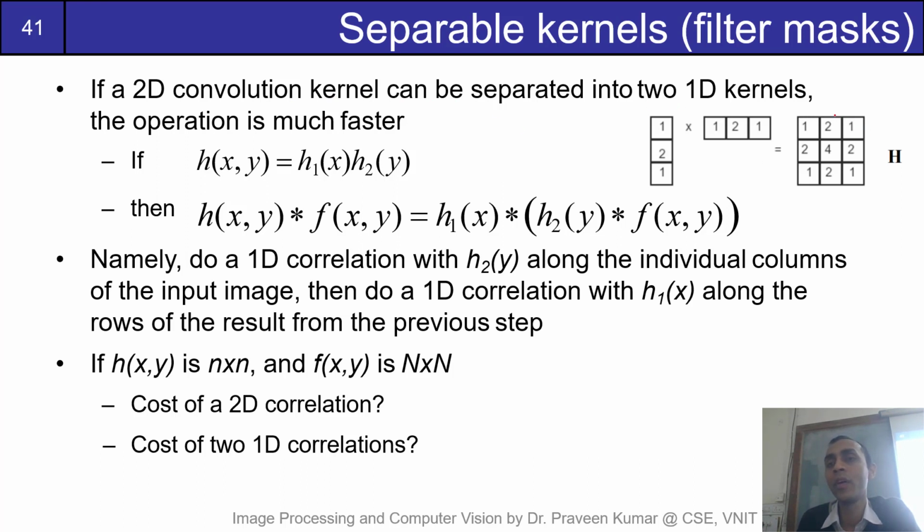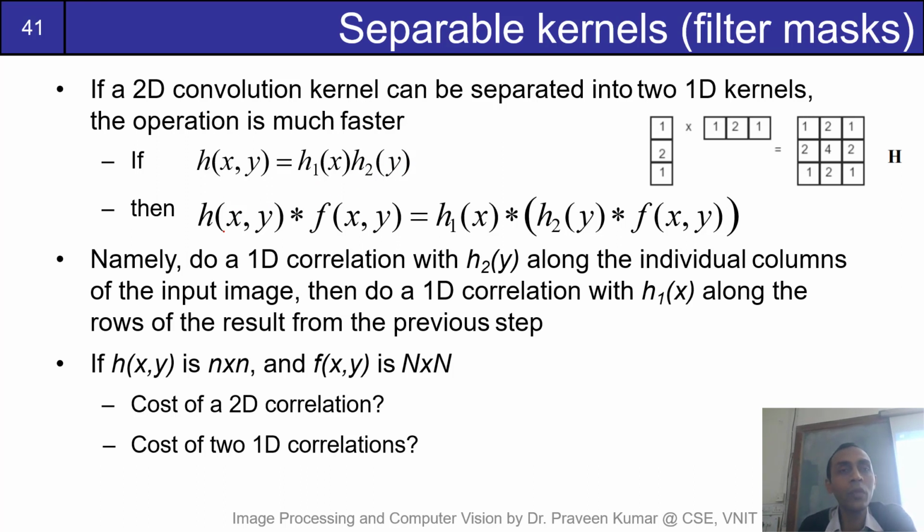For example, this smoothing filter, this 2D filter, you can get by taking a column vector and a row vector and multiplying them. This will give you this filter. So you can represent our filter H as H1, which will be a row vector, and H2, which will be a 1D column vector.